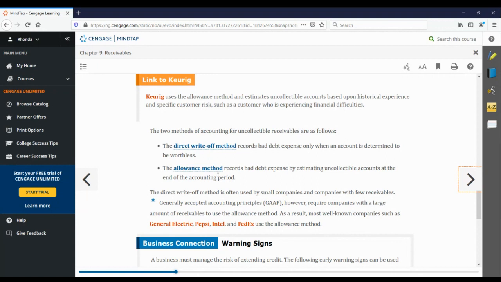But the allowance method should be used for companies who have a large amount of write-offs. If it's a smaller amount of write-offs, the direct write-off method can be used for writing off accounts.